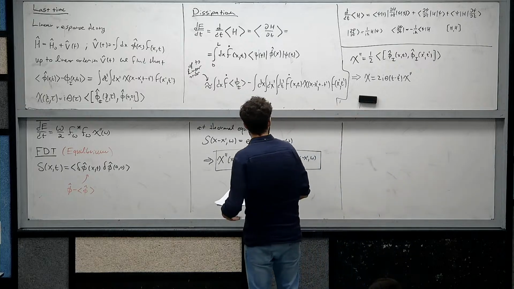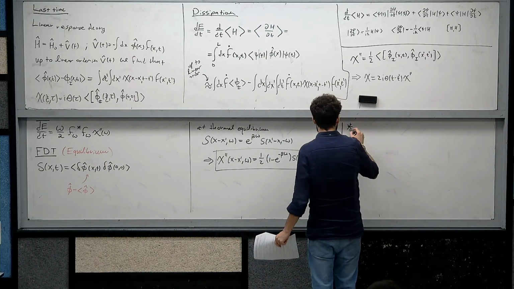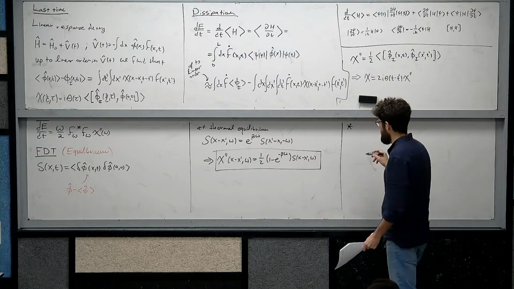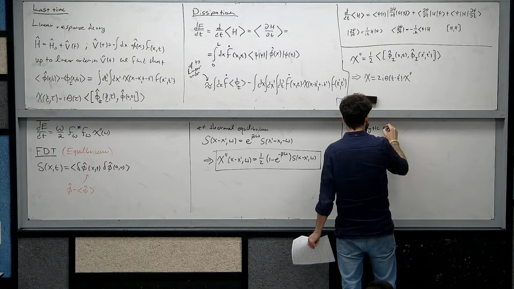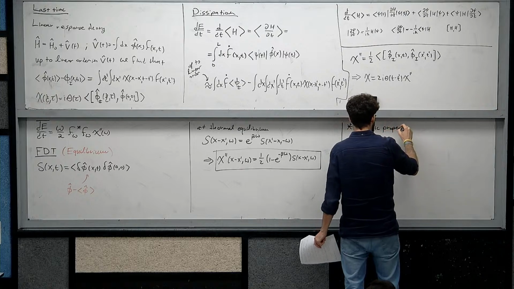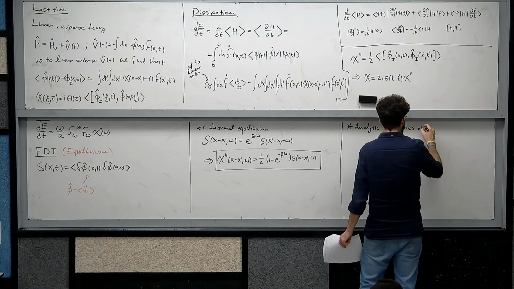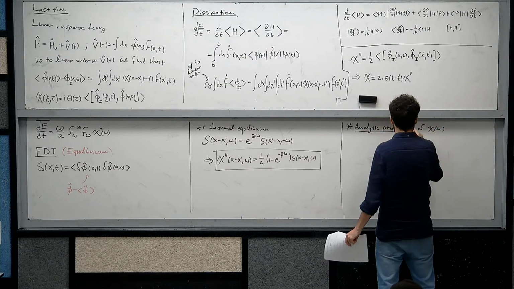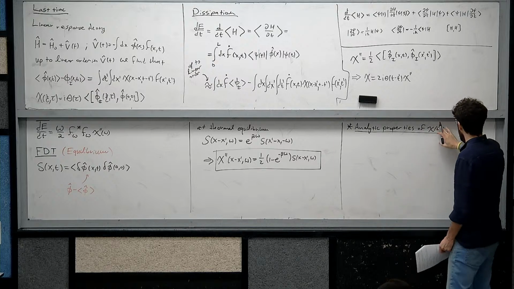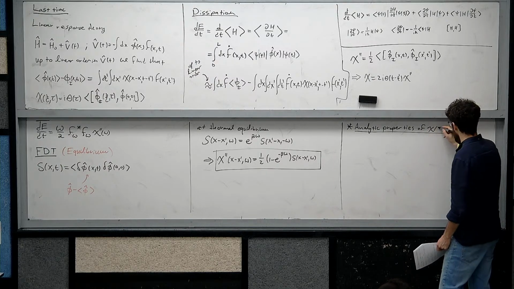And now the last thing where we stopped last time was the analytic properties of chi of omega, or I would even call it chi of z.